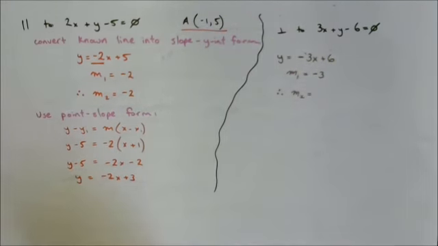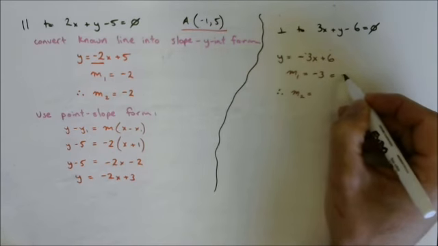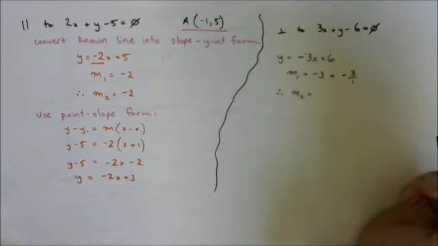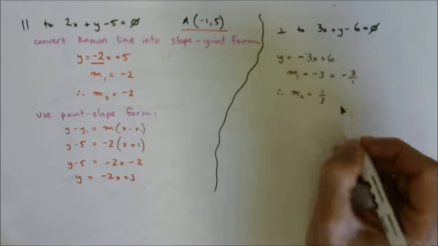So what has to be true of the slope of the next line? It has to be the opposite reciprocal, which is positive 1 over 3. Okay, this value, negative 3, can also be expressed as negative 3 over 1. Okay, that helps you to see, you change the sign, and you flip the fraction.